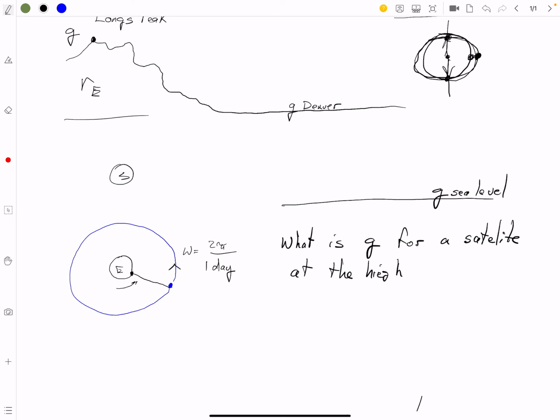Yeah. All right. Should I be a perfectionist for once? H-E-I-G-H-T, at the height of a geosynchronous orbit.